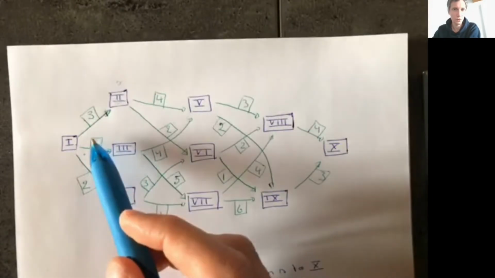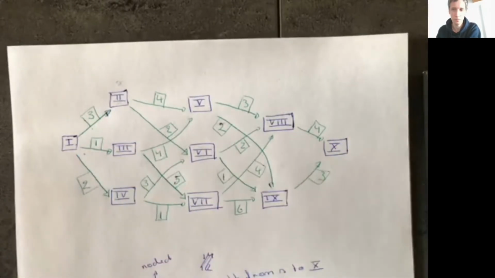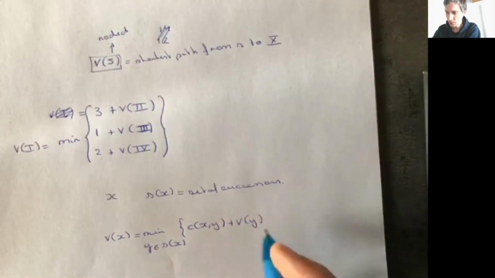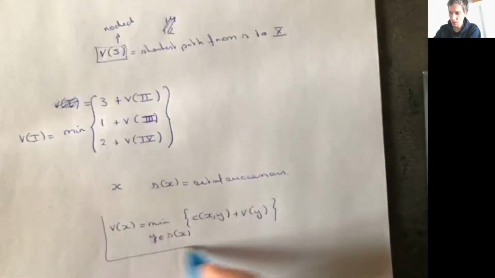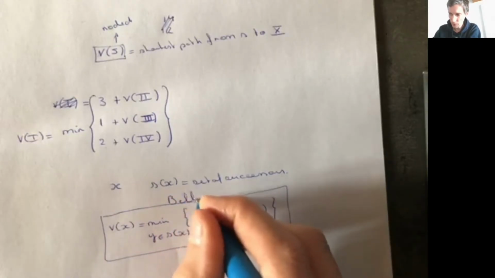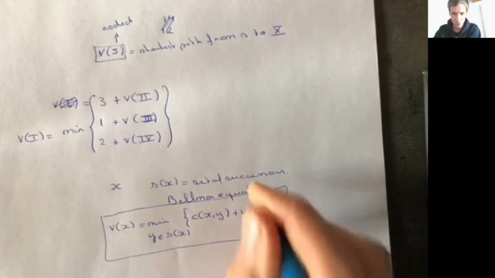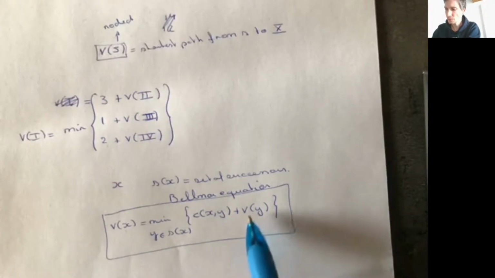For example, C12 is 3, C13 is 1, and so on, plus the minimum cost of going from y to 10. So in general, for this problem, this is the Bellman equation for our shortest path problem.